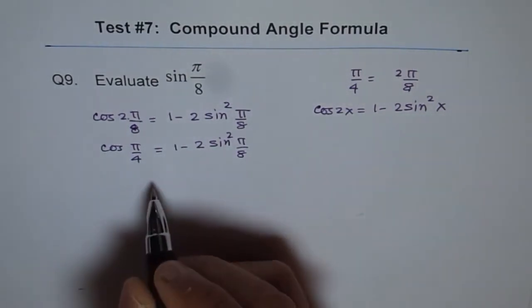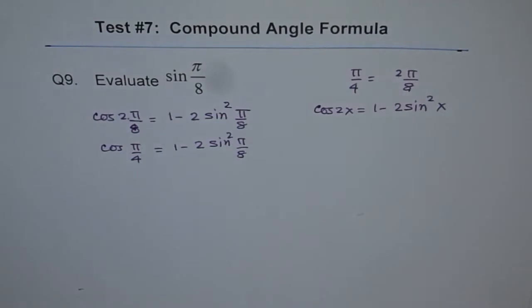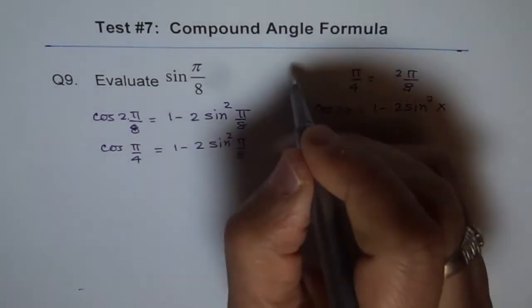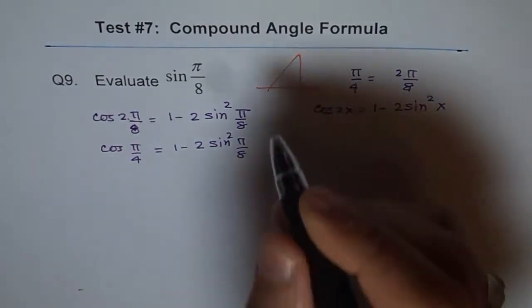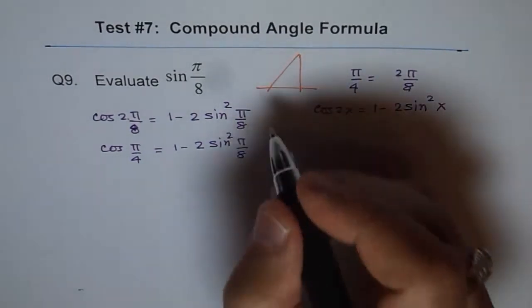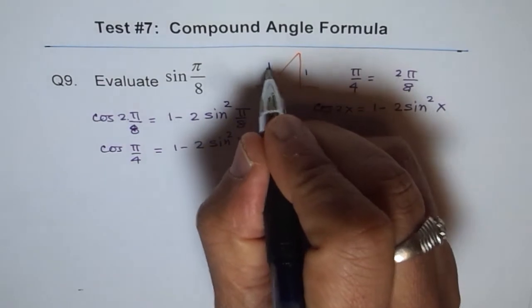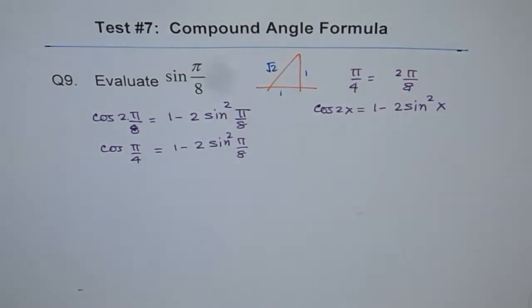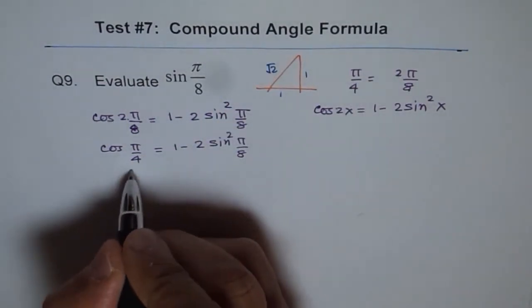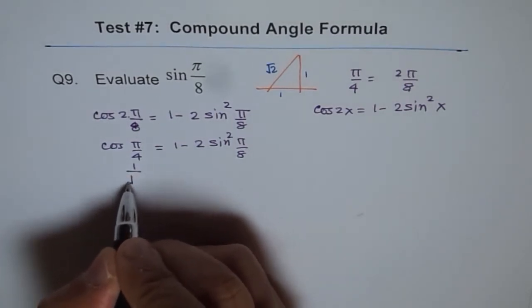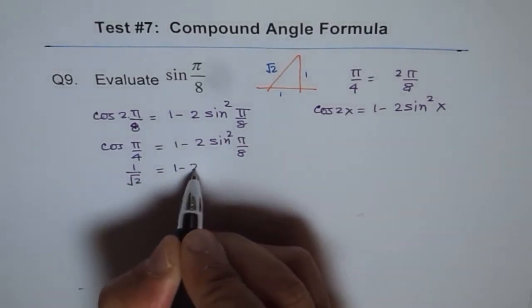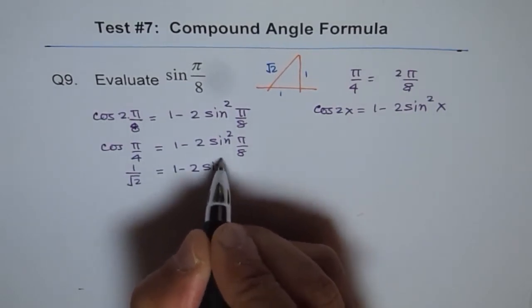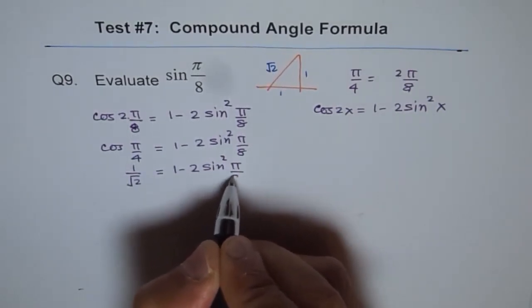Now from our special triangles, which is 1, 1 and square root 2, we know what is cos pi by 4, right? So cos pi by 4 is 1 over square root 2 for us. So 1 over square root 2 equals 1 minus 2 sine square pi by 8, correct?